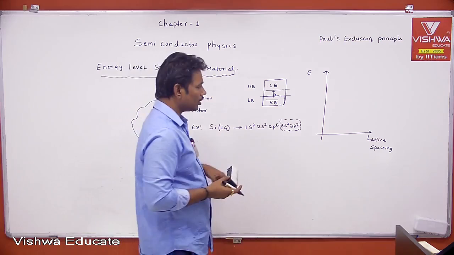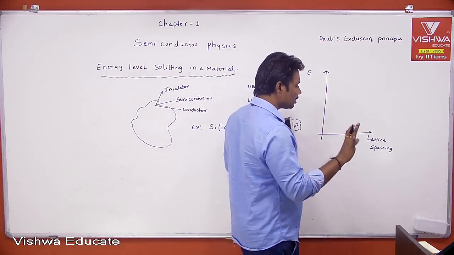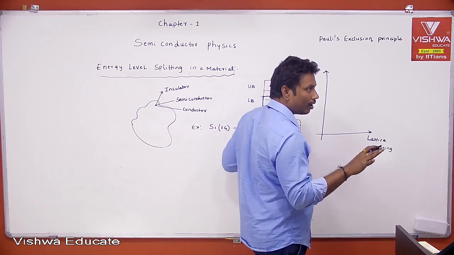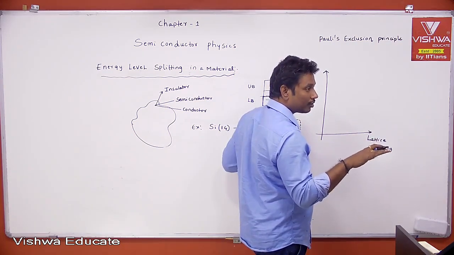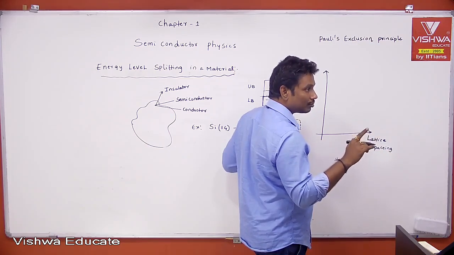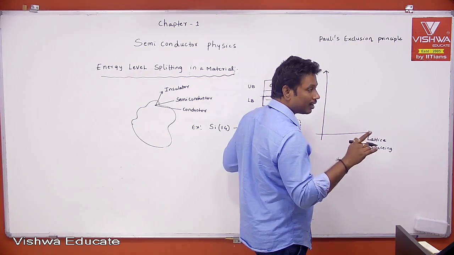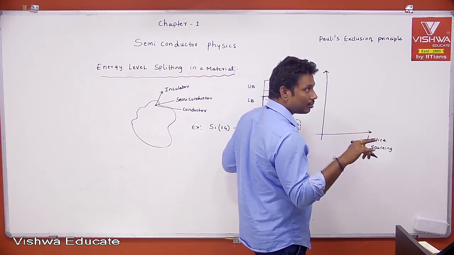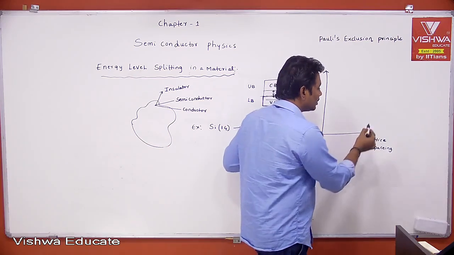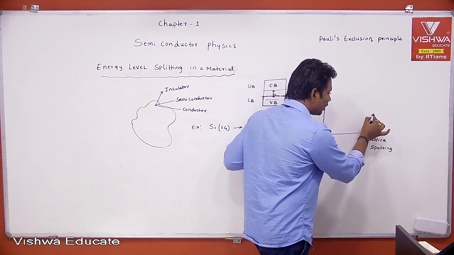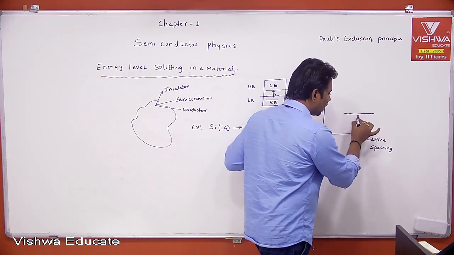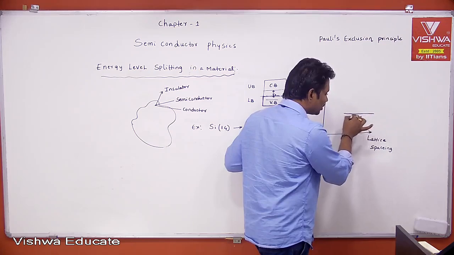I will show it. First of all, I am considering which material? Silicon. In the case of silicon, all atoms are far apart from each other, which means the interaction between the atoms is negligible. And the electrons in the 3s orbital can have the same energy, so you can represent them with a single line.